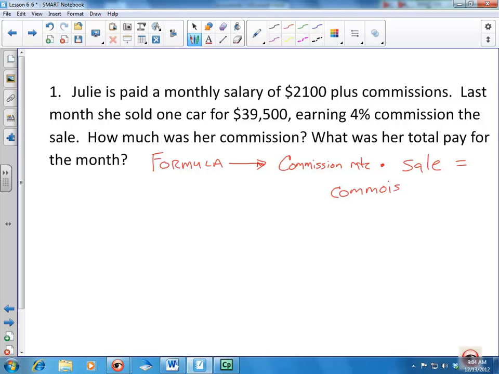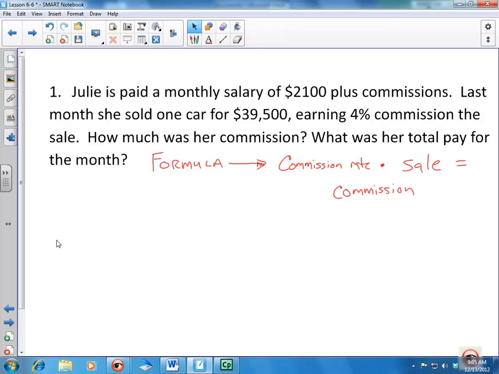I guess it would help if I spelled that right. Okay, so that's how much they're going to get paid in their commission.